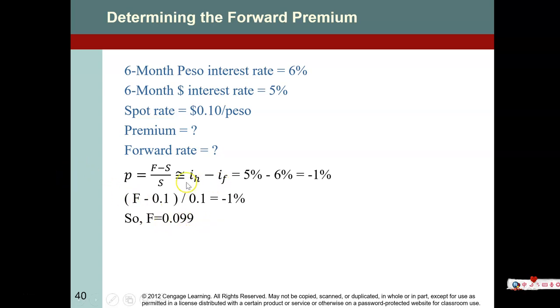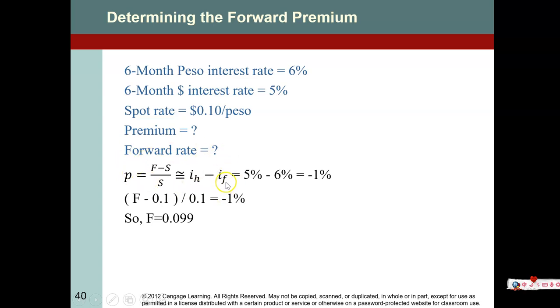So we first use the interest rate parity condition to find the forward premium P by using IH minus IF, the home interest rate minus the foreign interest rate. Then after we know P, because the spot rate S is given, we can use the definition for the forward rate premium to find out the forward rate F. So we have two equations combined in this line.